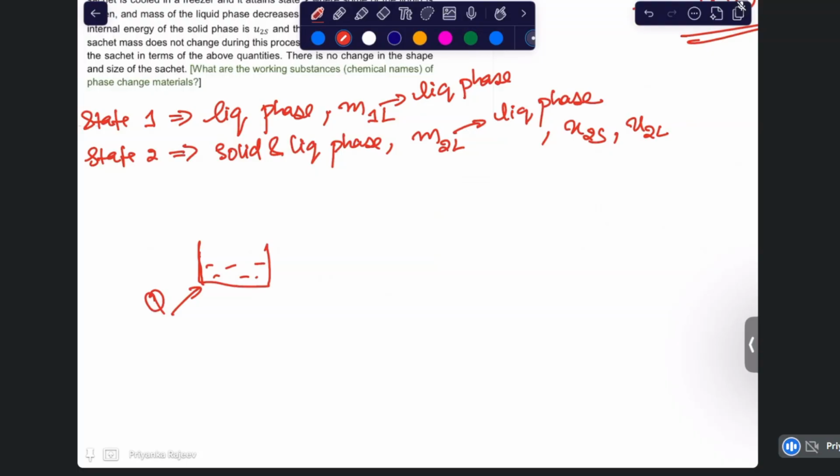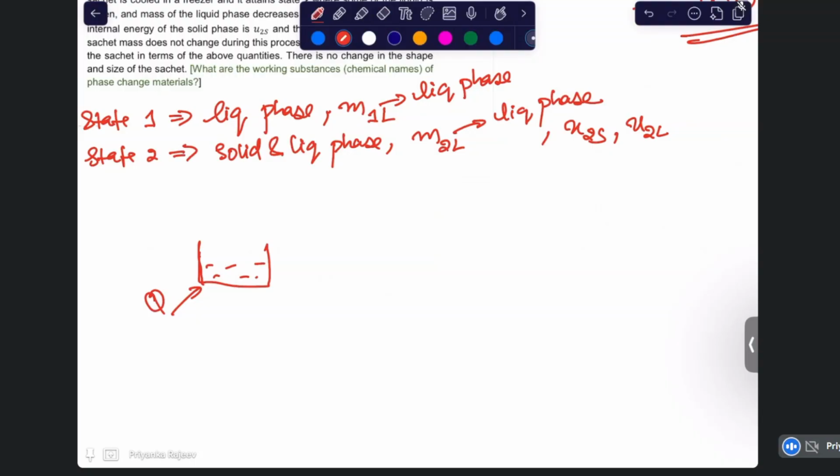So the water reaches 100 degrees centigrade. Then there won't be a temperature change after some time, right? For some time there won't be a temperature change, but you will see another phenomenon called evaporation.